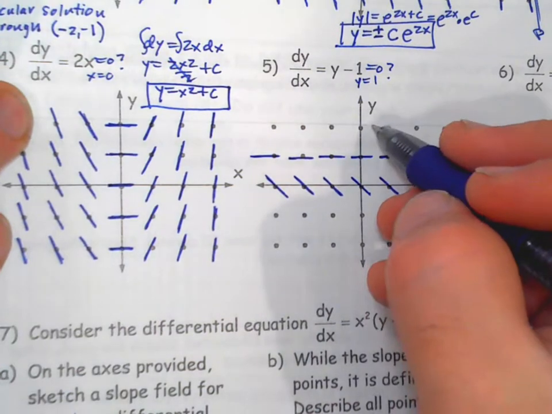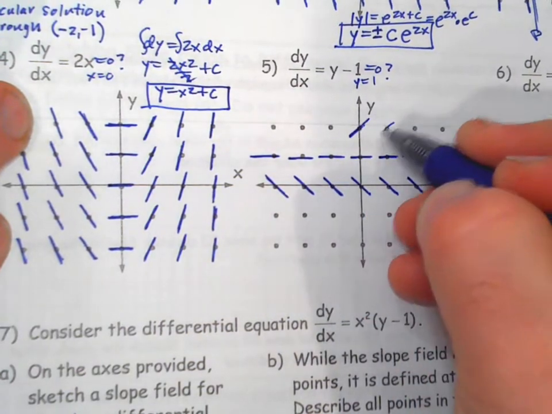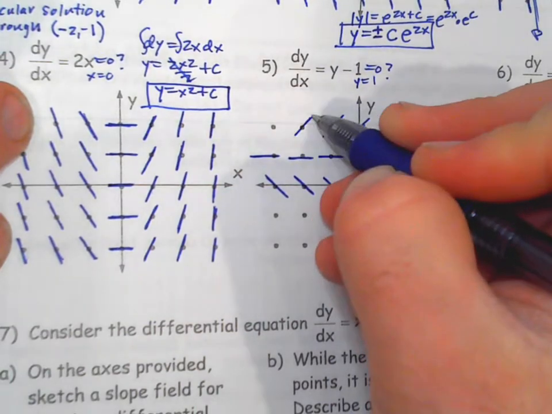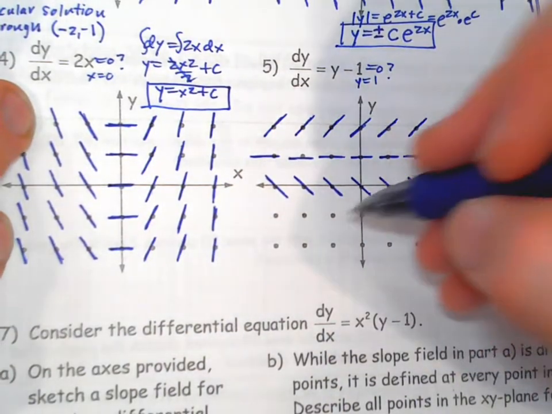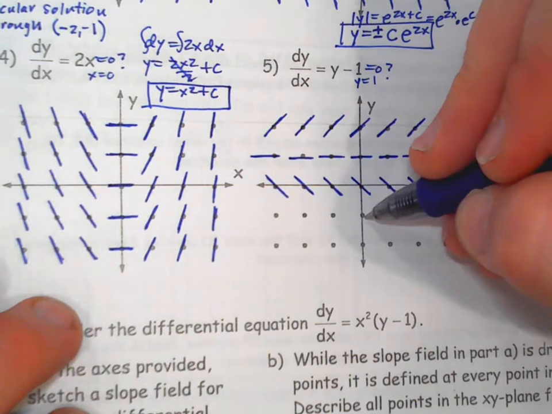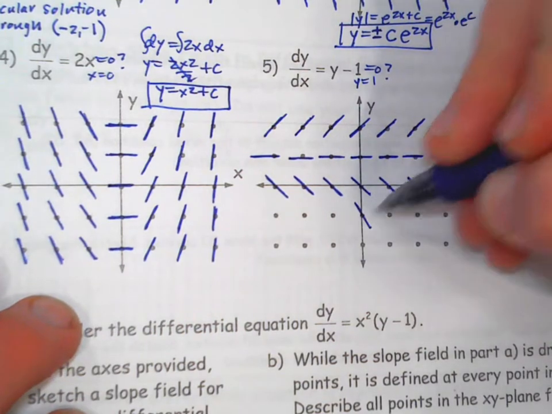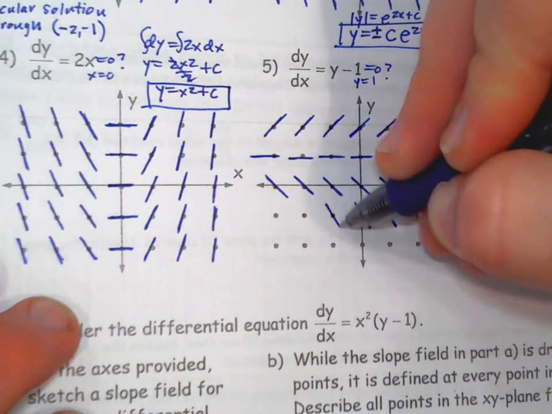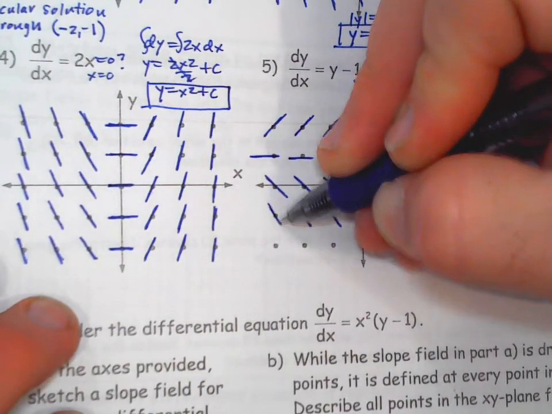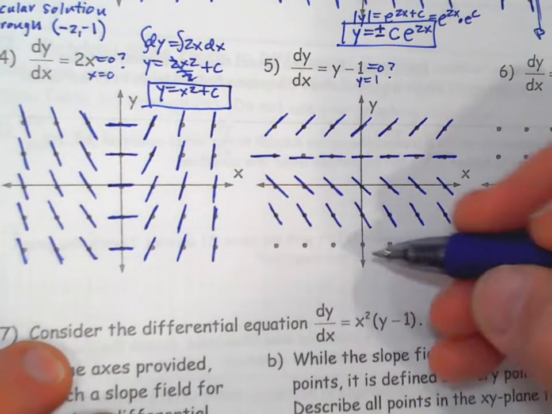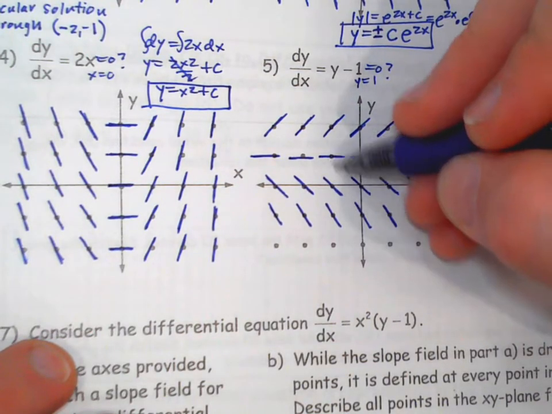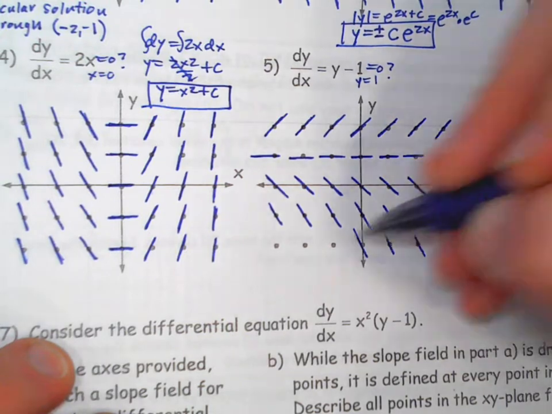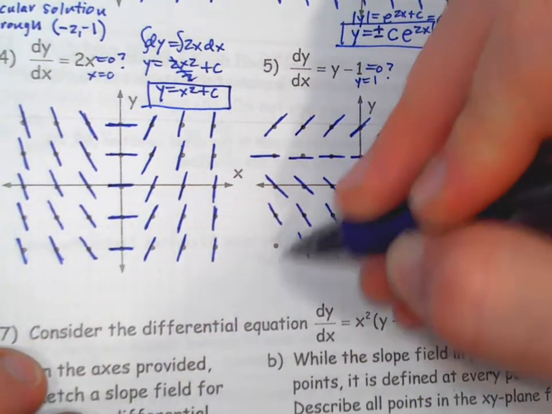When y is 2, you get a slope of +1. When y is -1, you get a slope of -2, no matter what x is. And then when y is -2, you get a slope of -3. So a little steeper.